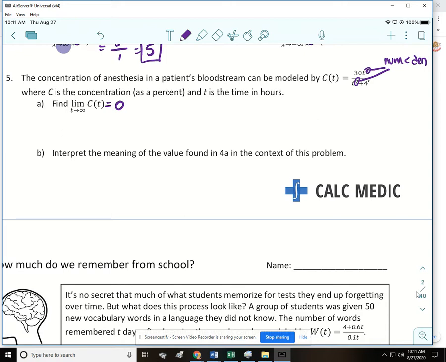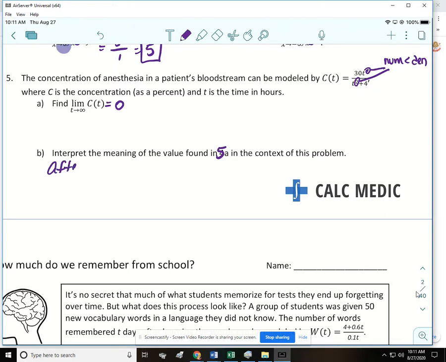All right, and then B, interpret the meaning of the value found in 5a, sorry, in the context of the problem. So we got that the limit as t approaches infinity of c of t is 0. So that's after a really, really long time.